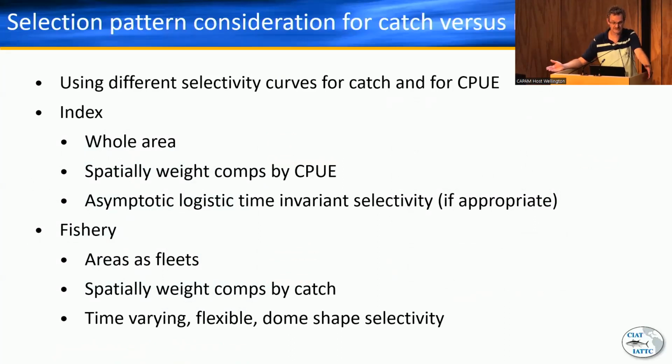So we should be doing this index approach where we do the whole area, spatially weight the comps by CPUE, and then possibly, if we can, use an asymptotic time invariant selectivity for the index. So basically, we're trying to set up a survey with our CPUE index. It may not always be possible, but in the fisheries, we should be using areas as fleets, spatially weight the comps by catch, and then maybe a time varying flexible dome shape selectivity, but I'm starting to think that maybe a double normal time varying selectivity might be the way to go.